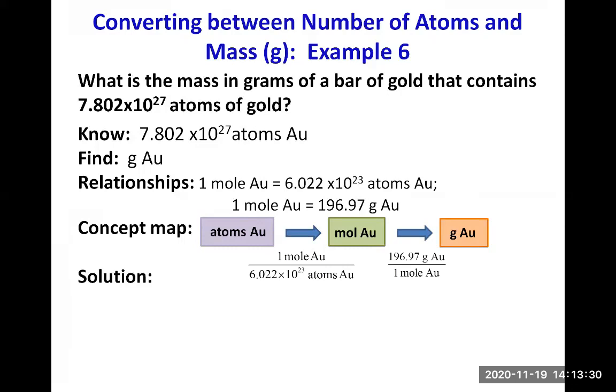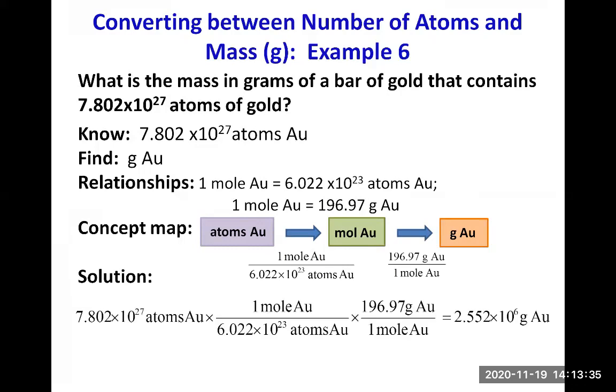So if we put all of this together, we start our calculation with the given amount of atoms of gold, multiplied by the first conversion factor such that 1 mole is on top over the Avogadro number of atoms on the bottom. This way the atoms of gold cancel. Next, you want to cancel the moles of gold.